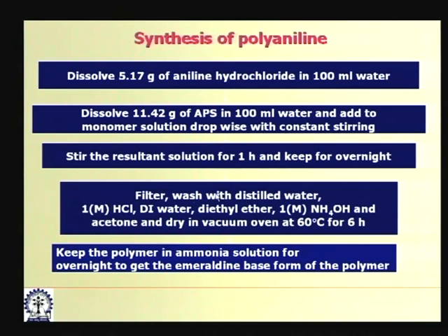So, these are the sequences of purification steps. First, distilled water to remove the soluble unreacted components, then acid, then DI water, then diethyl ether, then 1 molar ammonia solution, then acetone, and then it needs to be dried in a vacuum oven at around 60 degrees Celsius for 6 hours or more.